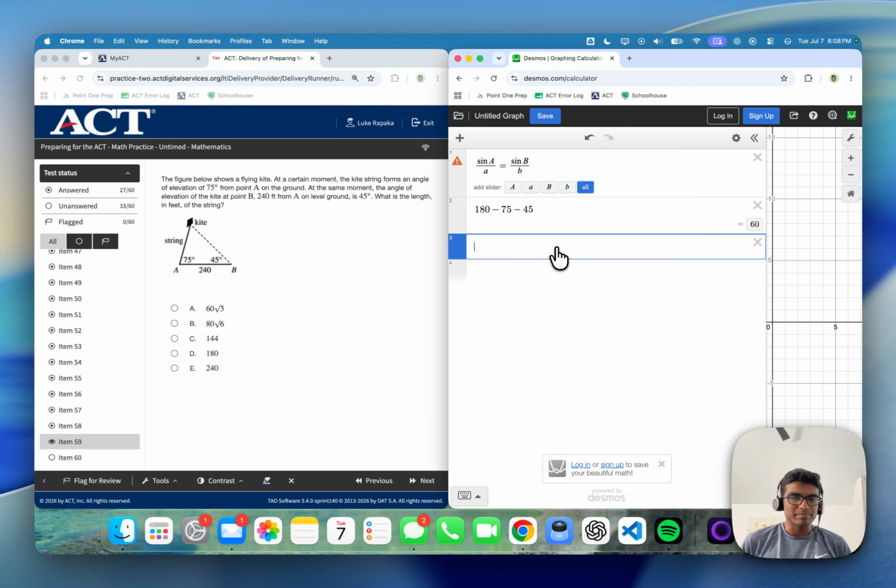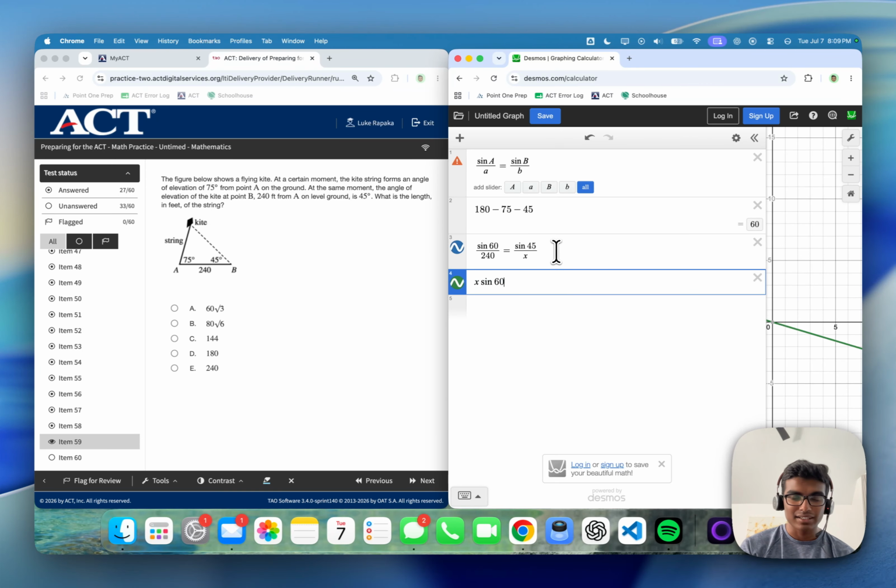Okay. So based on that, I can do sine 60 over 240 equals sine 45 over x, because I'm trying to find the length of the string, right? I don't know what that is. So now I'm just going to cross multiply.